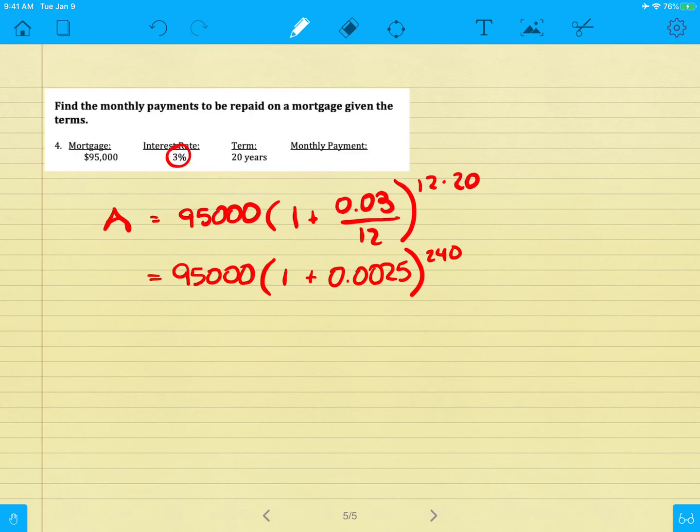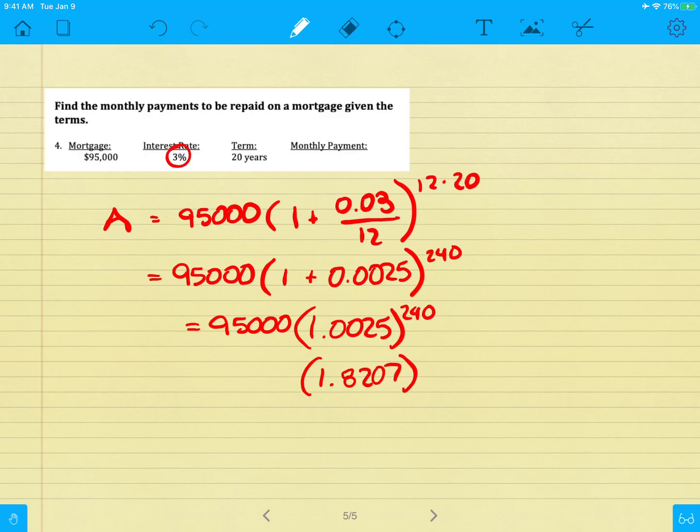All right. So adding these together, it's 1.0025. We're going to put that to the 240th power, and then take it times $95,000. And so your total, 1.0025 to the 240th power, this ends up being a reasonable one, 1.8207.